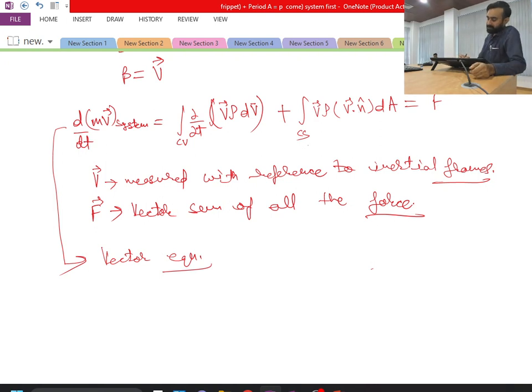If you see the left hand side, in this term, v dot n becomes a scalar, so rho (v dot n) dA, this entire thing is a scalar, but then I have this v vector also multiplied over here. So overall this quantity will be nothing but a vector quantity. Similarly, if I talk about the first term, here rho dV is nothing but a scalar.